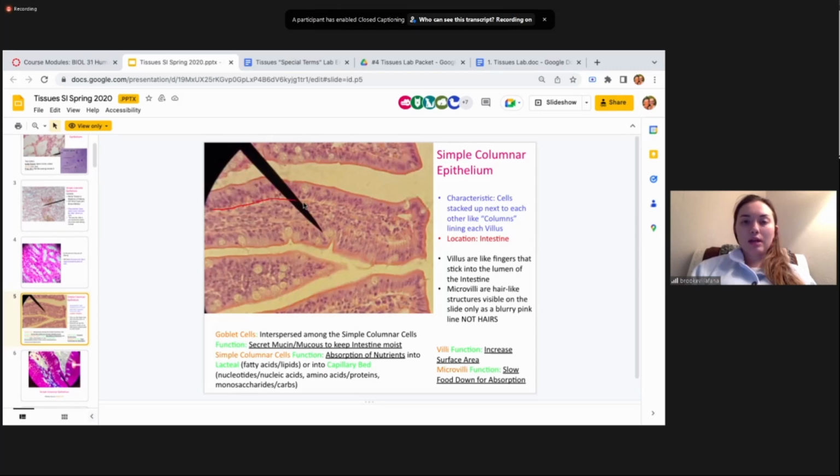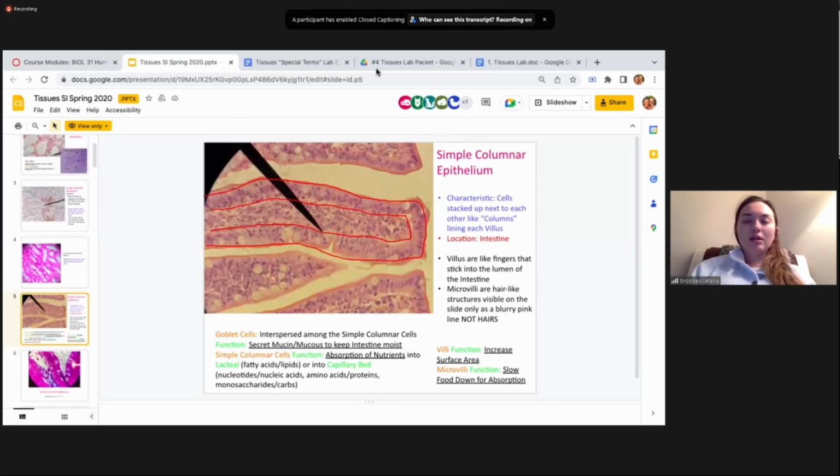Do you see how we track this line of cells, right? In between my red lines, do you see how it's these closely packed uniform cells that go all the way around this big giant finger structure? Yes? Hopefully you're seeing that.